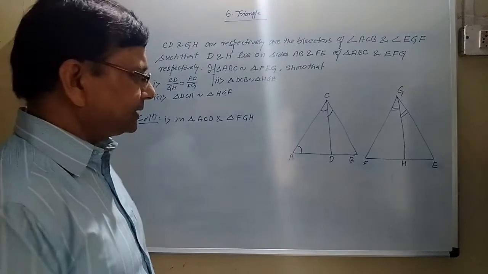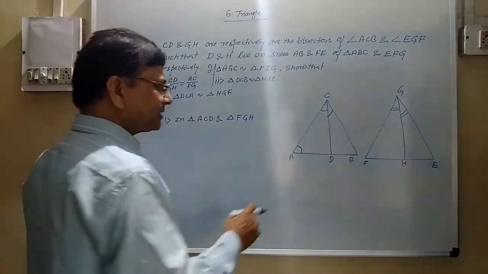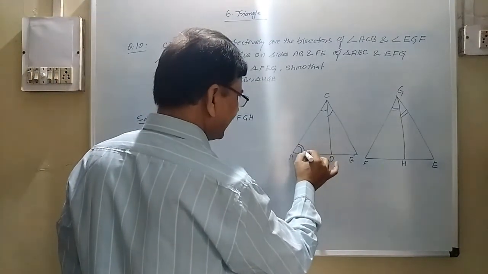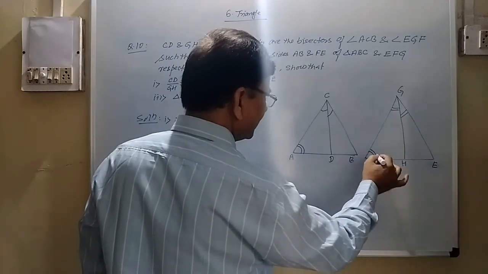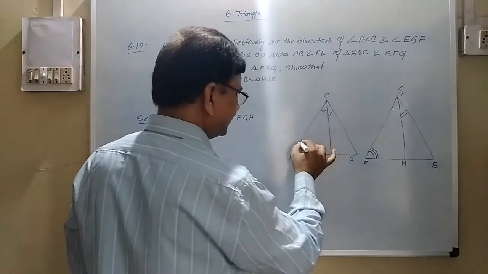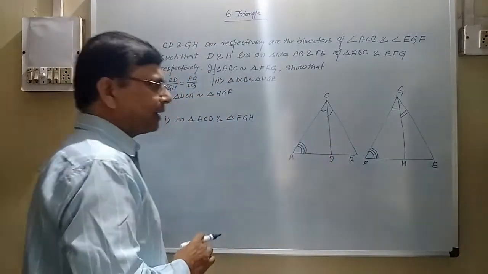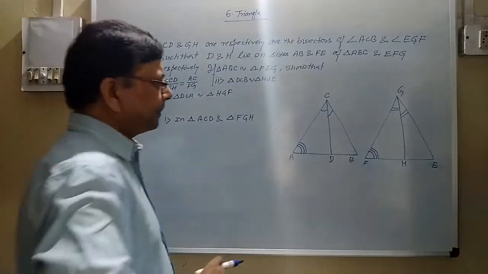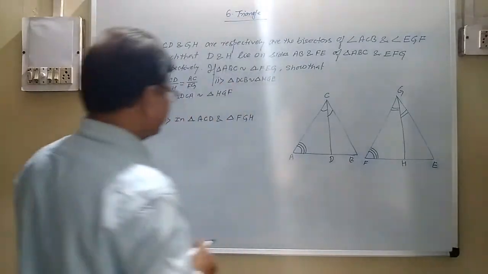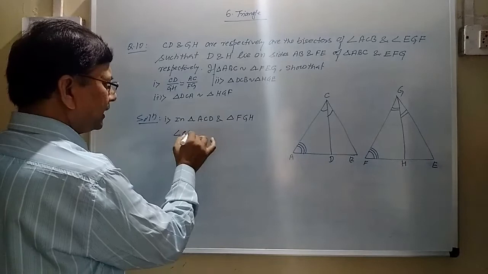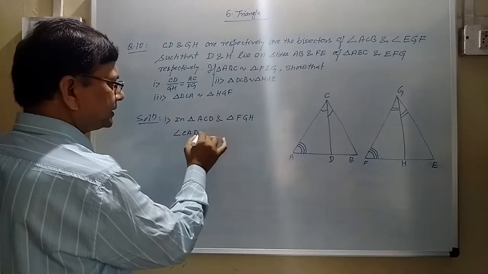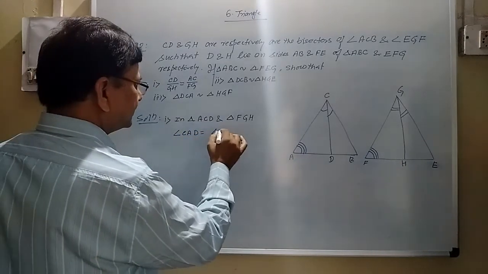Since the triangles are similar, corresponding angles will be equal. Angle A will be equal to angle F. These angles will be equal, right? And angle CAD is equal to angle GFH.